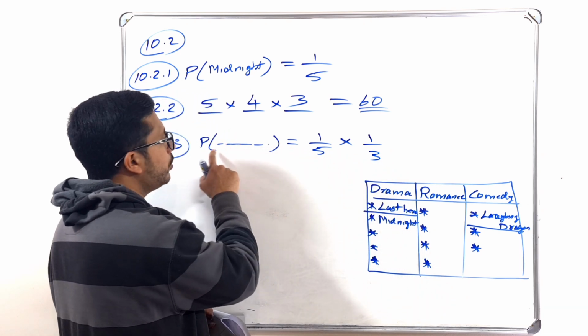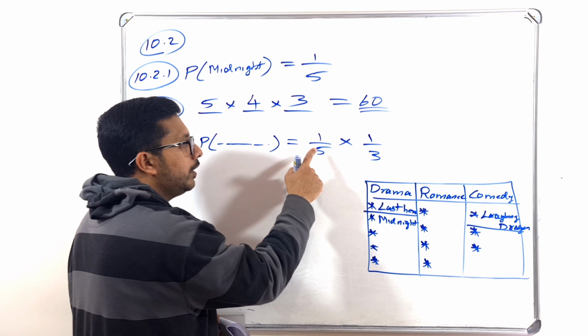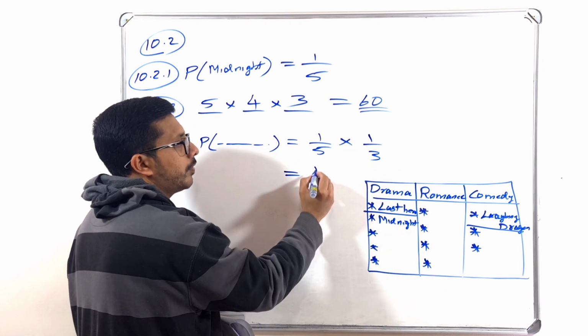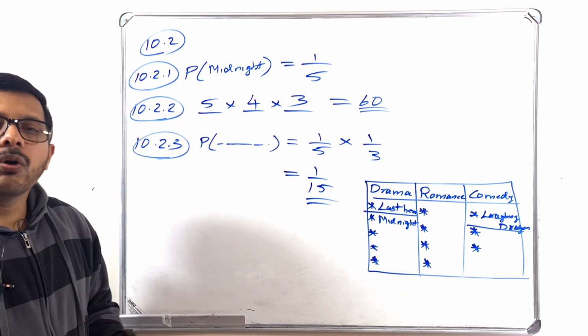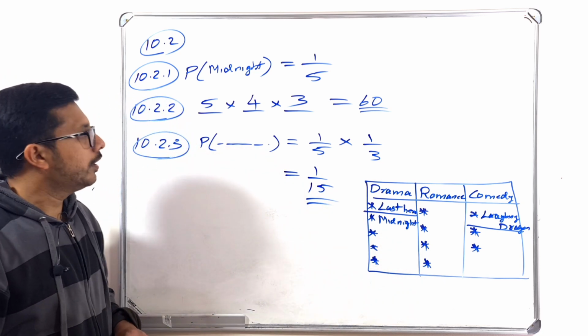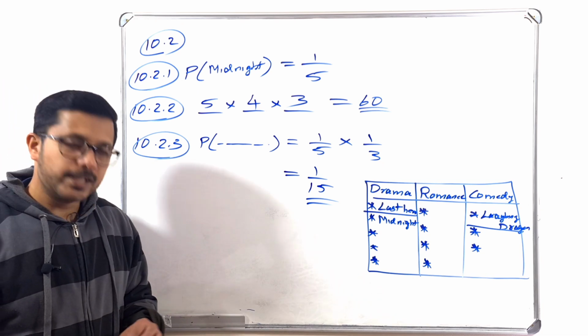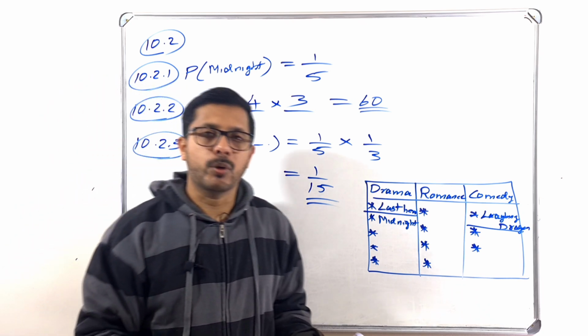That means the probability of getting Last Hero and Laughing Dragon is 1 over 5 times 1 over 3. That is 1 times 1, 1, 5 times 3, 15. So the probability is 1 over 15. Okay, so that is question number 10.2.3, and that's the end of the February-March 2015 probability section.